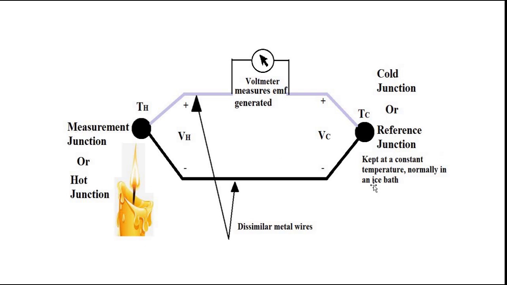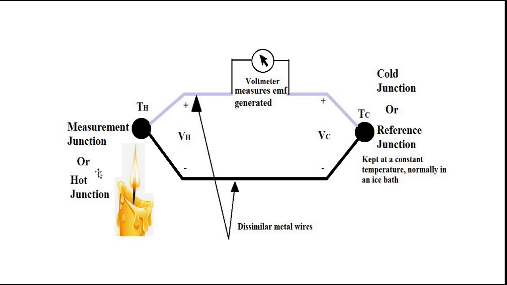The cold junction is kept at a constant temperature. Normally it is kept at a reference temperature in an ice container or ice bath which is at 0 degrees Celsius, similar to what we did in the electrical resistance thermometer, RTD. There also the reference temperature was at 0 degrees Celsius. So this is the reference junction or cold junction, and this is the measurement junction or hot junction.